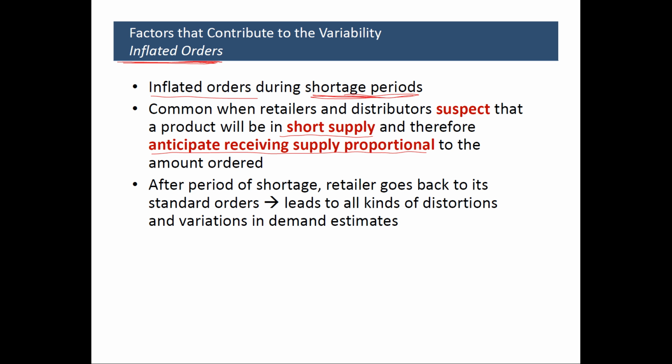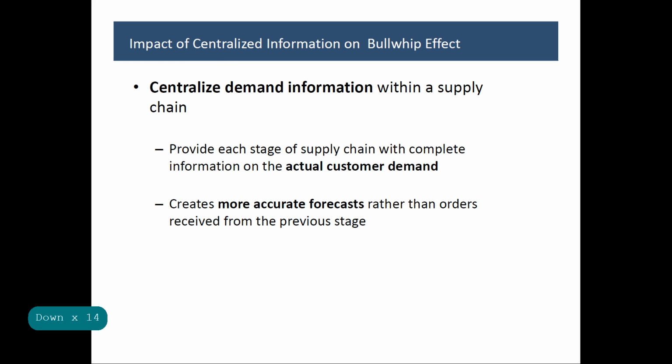And after the period of shortage, the retailer, for instance, would go back to the standard orders, and I demonstrated this as well when I played the game, so that when we see that our inventory builds up, then we would order a little bit less in order not to increase the inventory costs. So all these kind of distortions and variations in the demand then influence the estimates also for the forecast of demands throughout the supply chain.